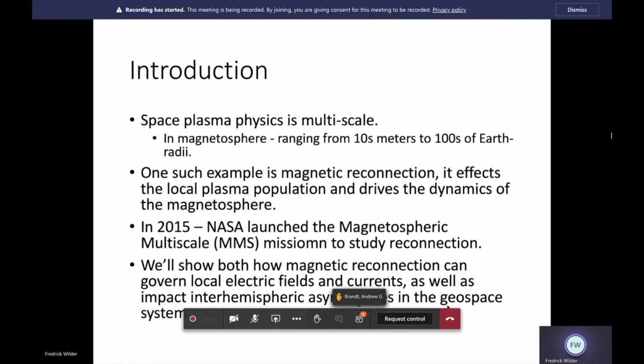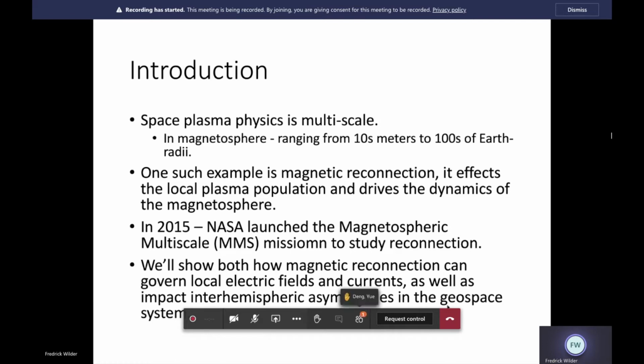So, space physics is multi-scale. The magnetosphere ranges from tens of meters all the way to hundreds of Earth radii, and in the heliosphere you're talking AU-scale phenomena, such as solar flares and coronal mass ejections. One process that is multi-scale is reconnection.